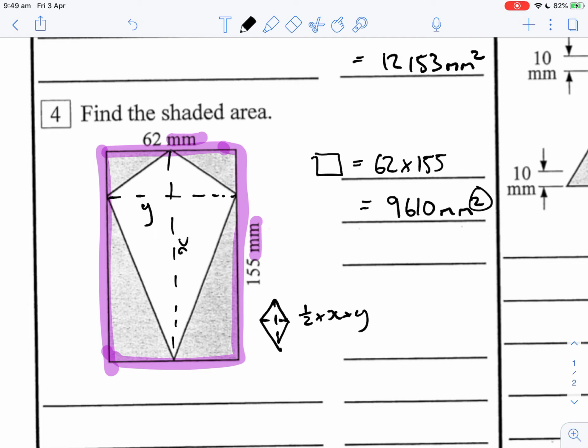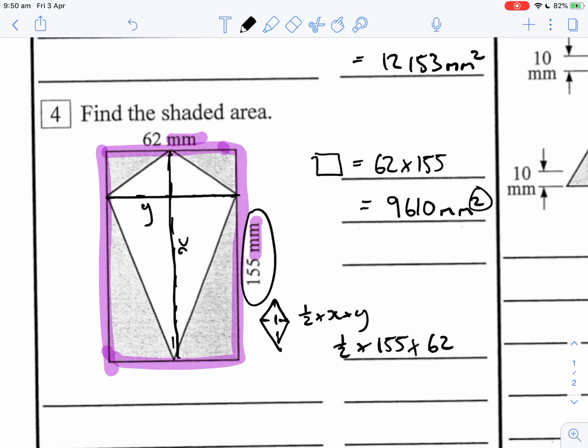And again, it doesn't matter which order you call that. So my x will just be the length along here, which is the same as the length of that. So for my diamond, I'm going to have a half times 155 times the width of my shape, which was the 62. So it's basically going to be half of the measurement that you had above.